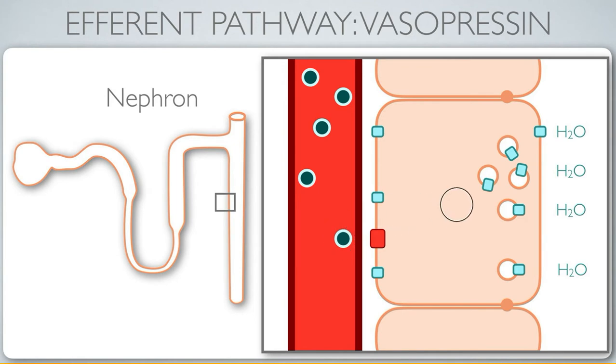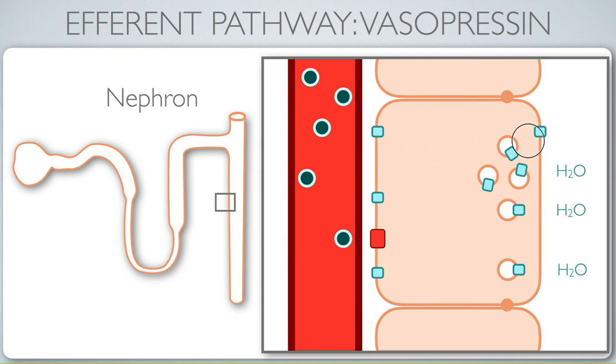And vasopressin is going to act on these epithelial cells. And these are aquaporins. And they, of course, allow water to flow across the cells. And so what we have on the right is the water that's within the collecting duct. And the goal here is to get some of that water into the bloodstream.